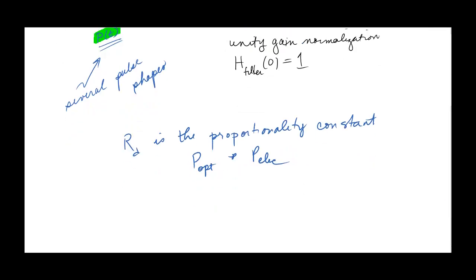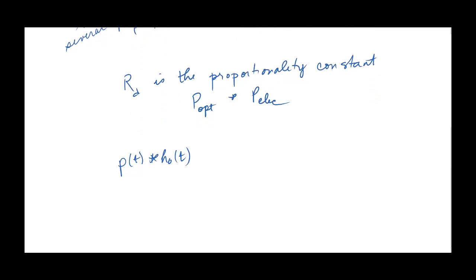So if we take our pulse shape, which is at the input on the optical side, which is P of t convolved with H0 of t, and we look at the average power, it's going to be different from the average power when we look at the squared signal.